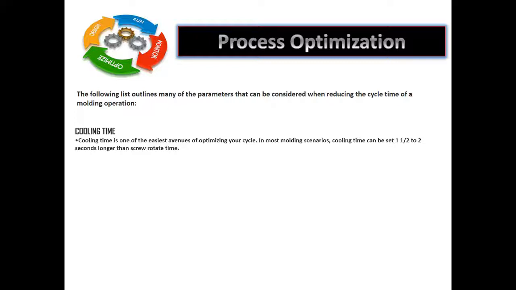There are situations where you might have to go with a lot longer cooling time, such as shrinkage or dimensional issues, but in most cases, you're going to want your cooling time to be set 1.5 to 2 seconds longer than the screw rotate. And dimensional requirements and parts sticking or other situations where you might need a longer cooling cycle.